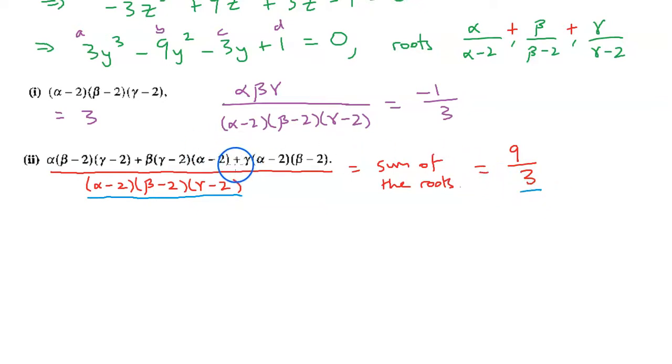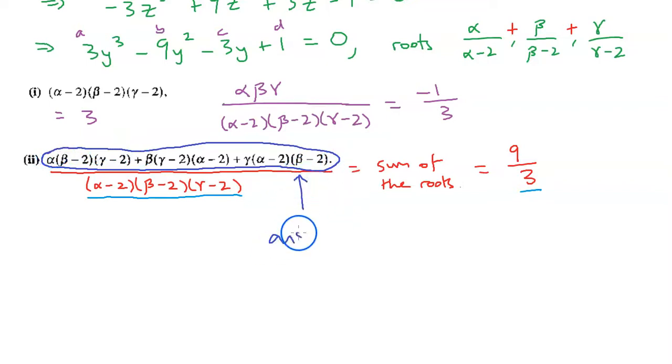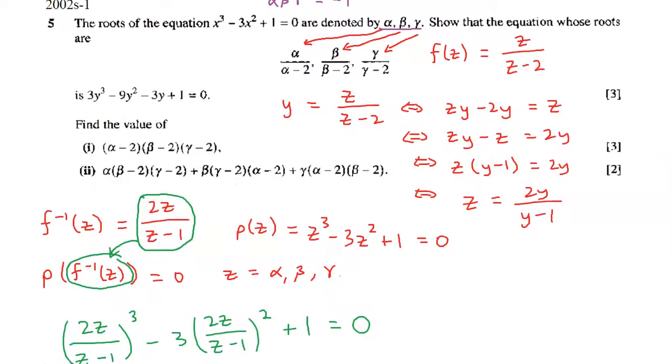And so that means the thing on the top is actually equal to 9. So let me just circle that. So the answer is 9. And I think that's it for this question.